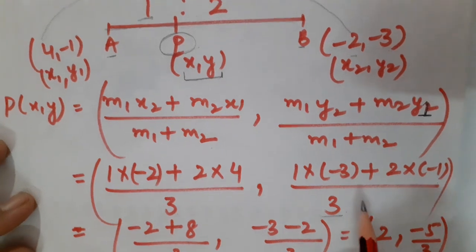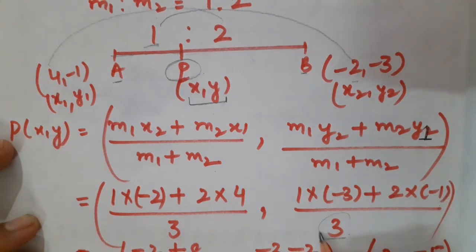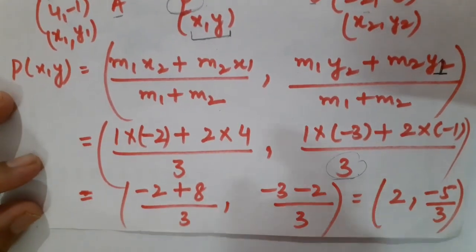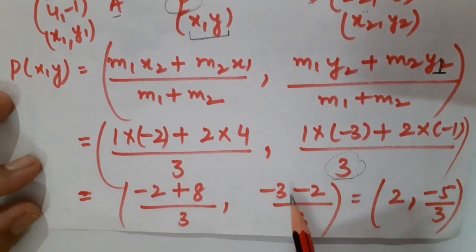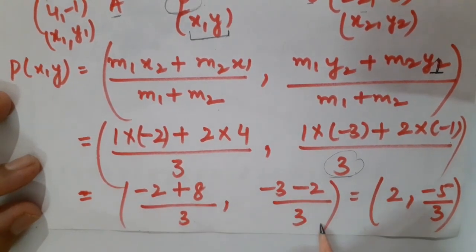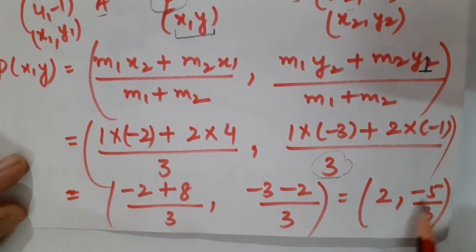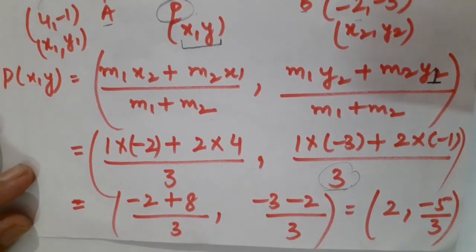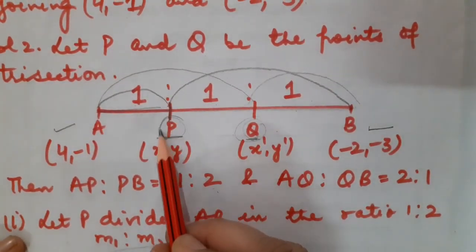And m1 upon m2 is 1 upon 2, which means I am going to take the sum of the ratios. Fine, children. So it would be (-2 plus 8) upon 3, and here (-3 minus 2) upon 3. So what are the coordinates of the point P? That is (2, -5/3). Correct, students?